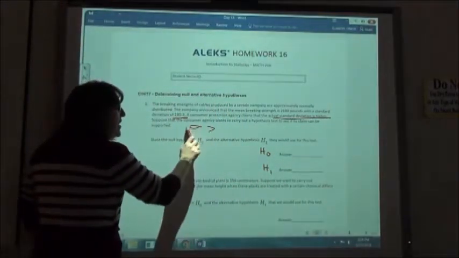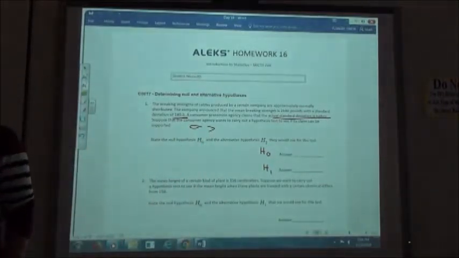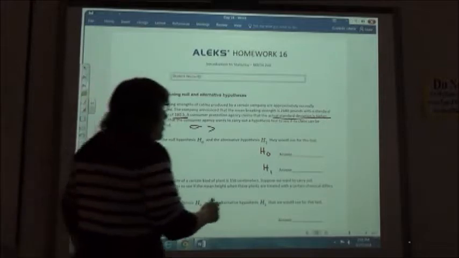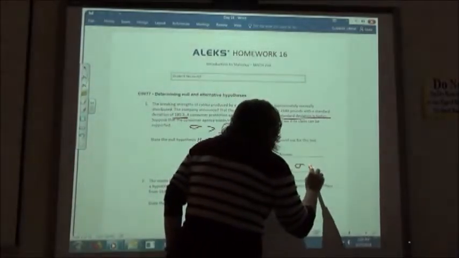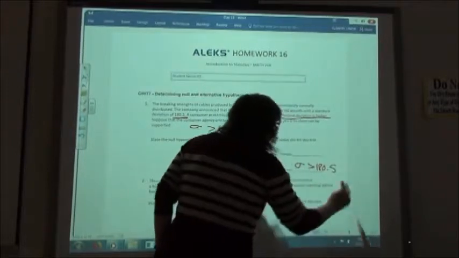If my actual standard deviation is higher, notice it doesn't have the equal sign with it. If it doesn't have the equal, it's going to go for your alternative hypothesis, which is your H1. So my standard deviation is higher than my 180.5.